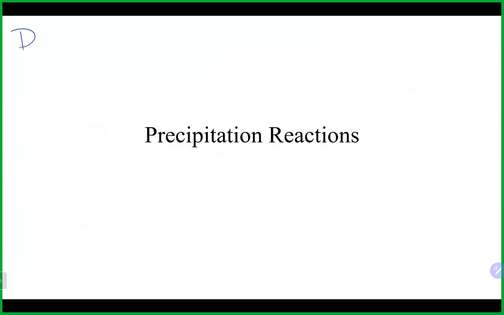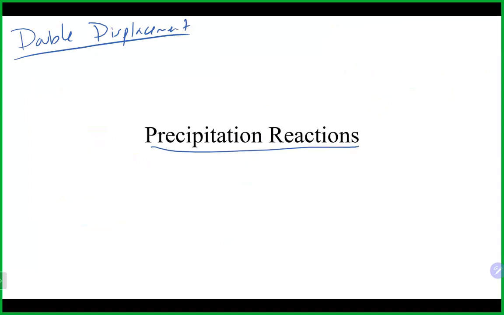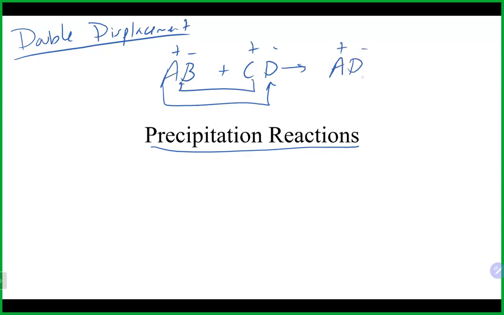And precipitation reactions do fall under the big umbrella of double displacement reactions. So a precipitation reaction is a more specific classification of a double displacement reaction. So in this one, for sure, when you do that double displacement and you switch partners, you will form a solid on the other side along the way.